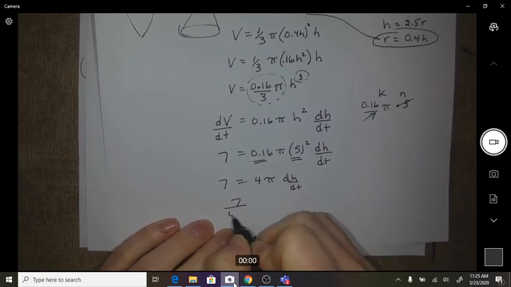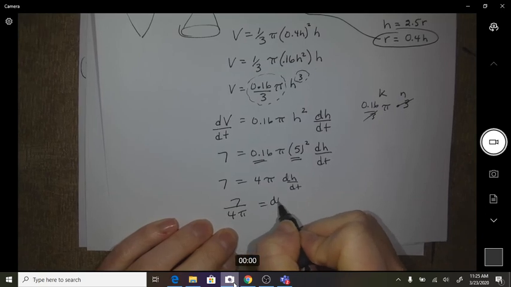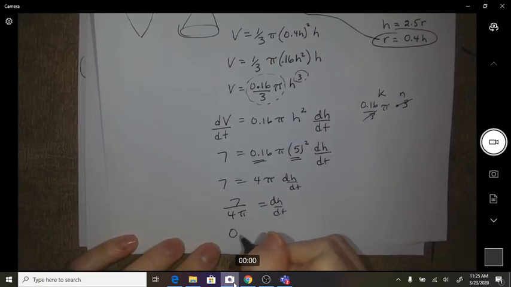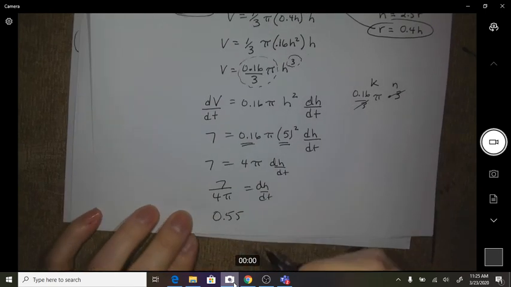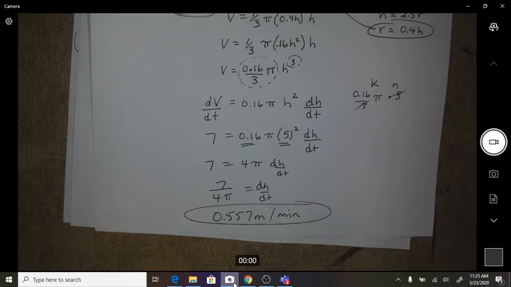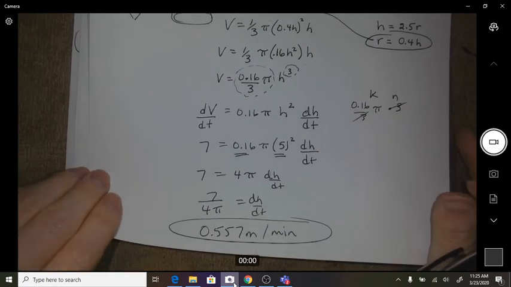So 7 divided by 4 pi, and you get 0.557 meters per minute. That's the change of the height with respect to time. That's how fast the height is changing.